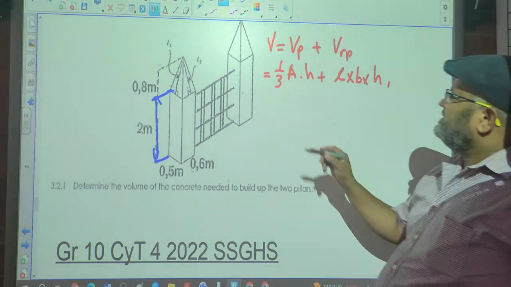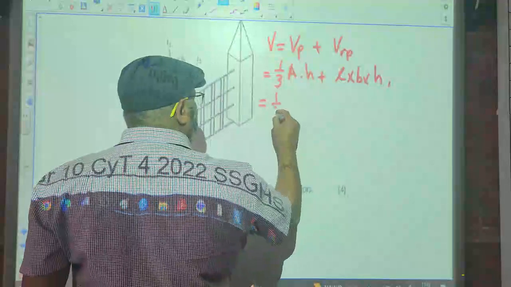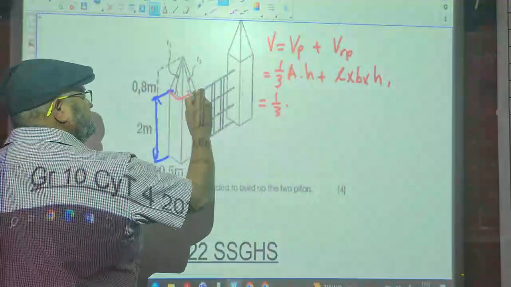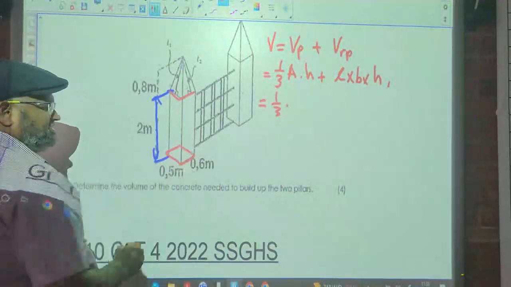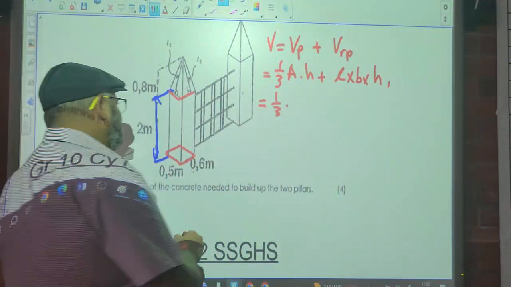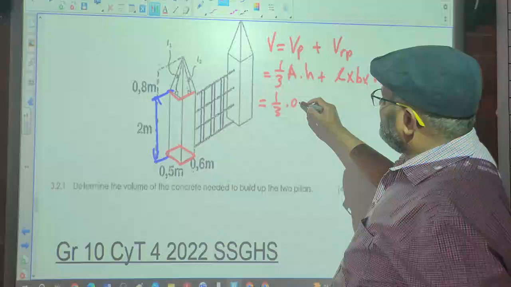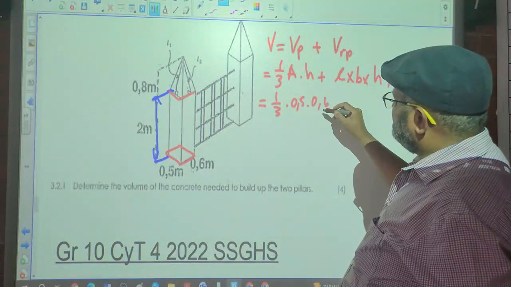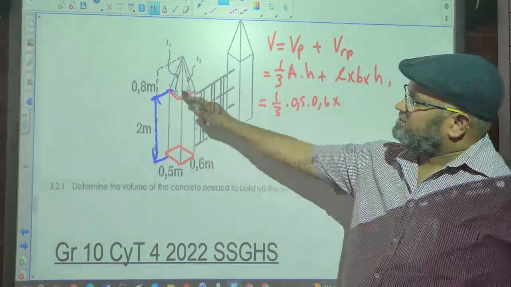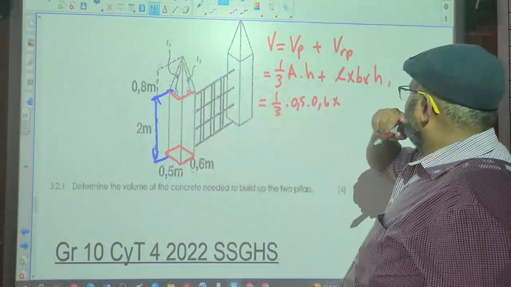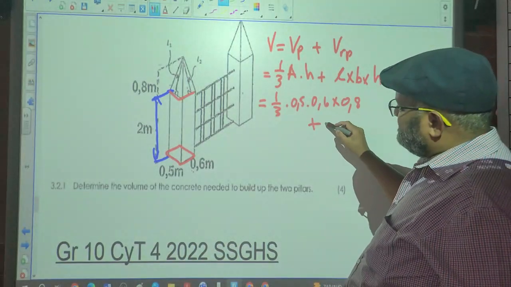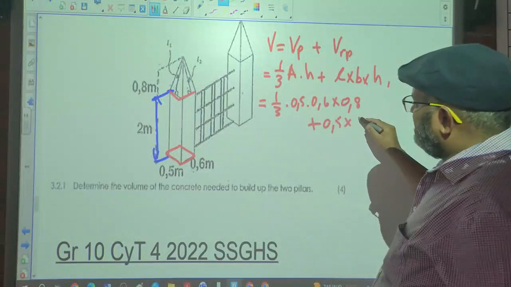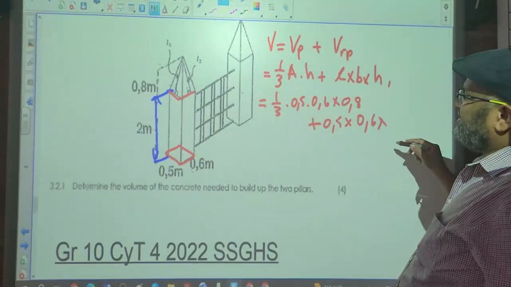Okay. So it's going to be a third the area of this base. Of course, the area of that base and this base is the same base, not so? So how do you calculate that? 0.5 times 0.6 times the height of the pyramid, which is 0.8, plus length, which is 0.5, times the breadth, which is 0.6, times the height, which is 2.